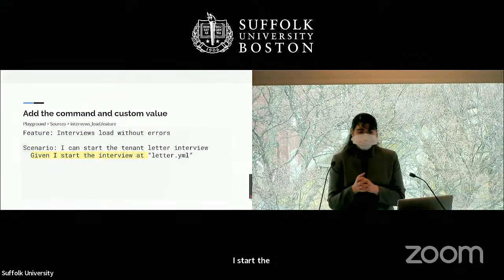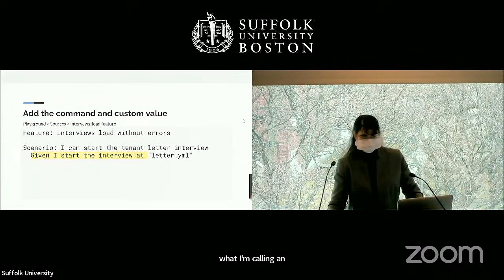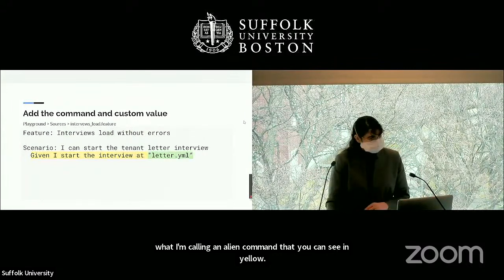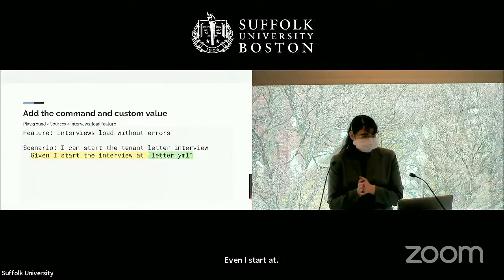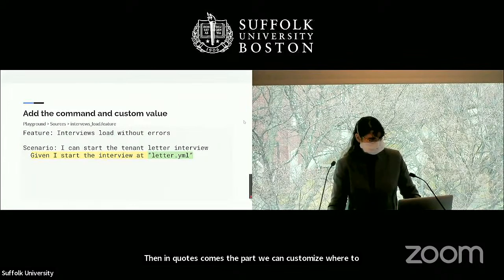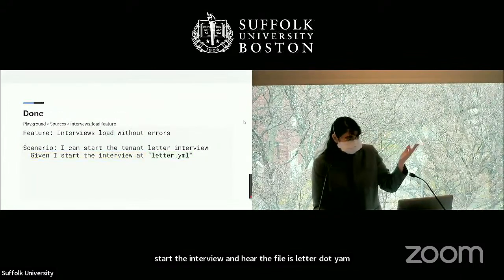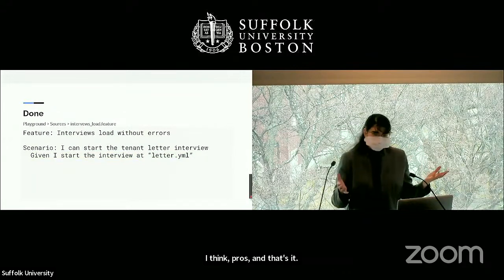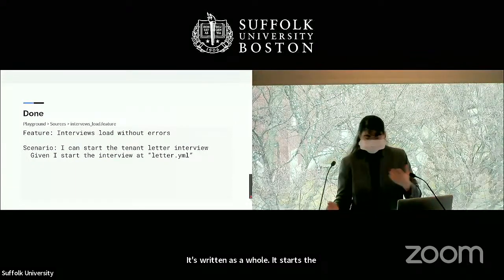That contains what I'm calling an ALKiln command that you can see in yellow: "Given I start the interview at". Then in quotes comes the part we can customize, where to start the interview, and here the file is letter.yaml. That's in quotes. And that's it. It's written as a whole. The test starts letter.yaml, and it will error if it fails to load.